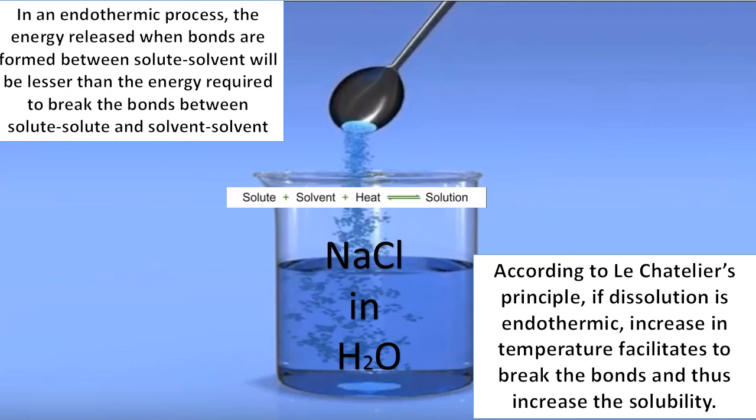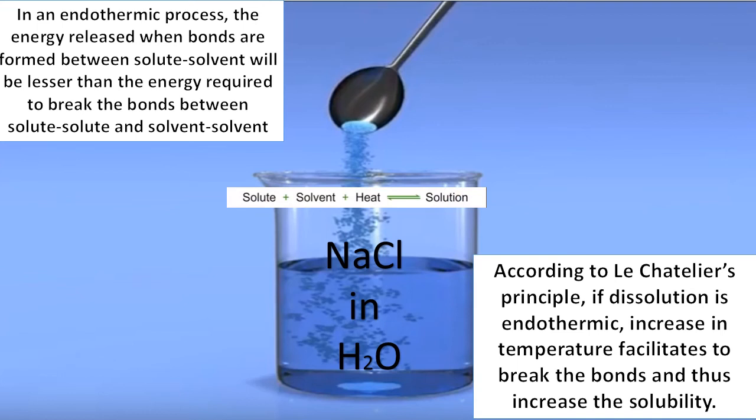But in the case of an endothermic reaction, the energy released when new bonds are formed between solute and solvent will be lesser than the energy required to break the existing bonds. So in the case of an endothermic reaction, heat will be present on the reactant side.